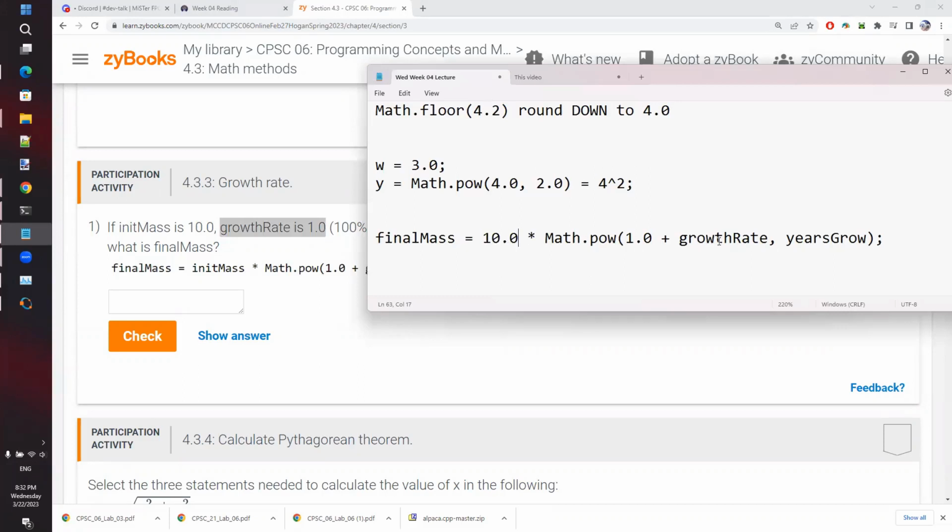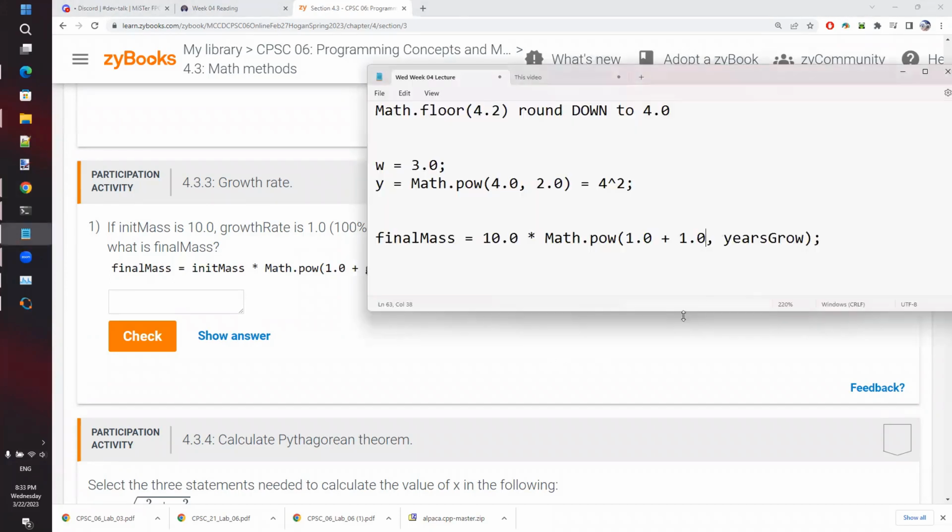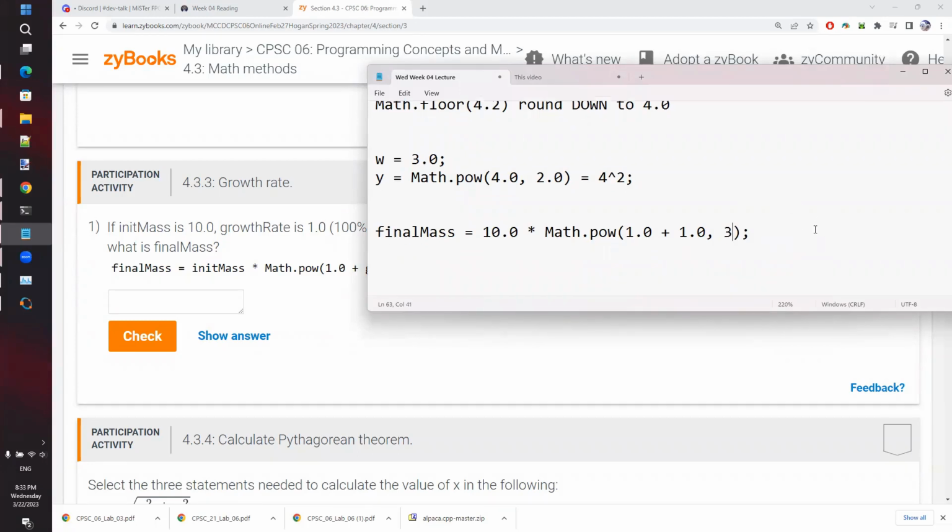So I look for the growth rate. I see it right here. Growth rate is 1.0. And then I see years grow is 3. So I see years grow right here, and that's supposed to be 3. Okay. So I do that, and then again, I'm still going to keep working it out.